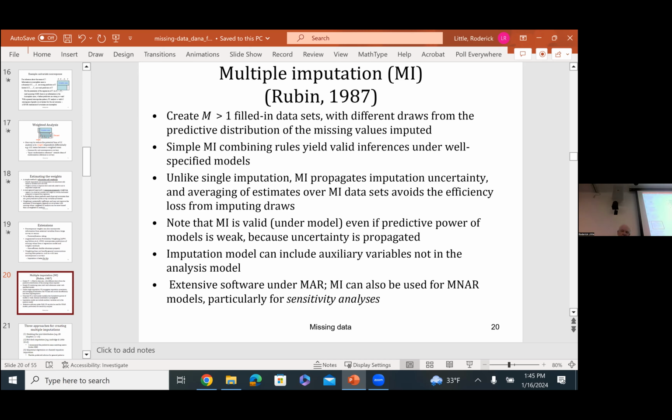Then there are simple multiple imputation combining rules that give you valid inferences under well-specified models. Having filled in the missing data with different draws, you get your estimate of interest for each of those data sets, and then combine the estimates across the data sets in a way that gives you a better standard error that incorporates the uncertainty from imputation.